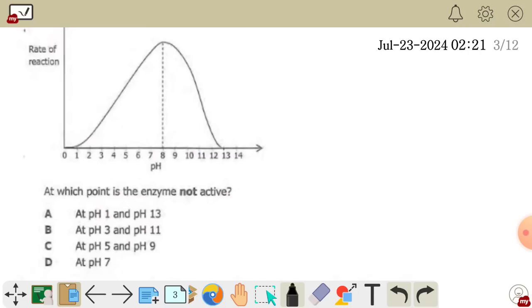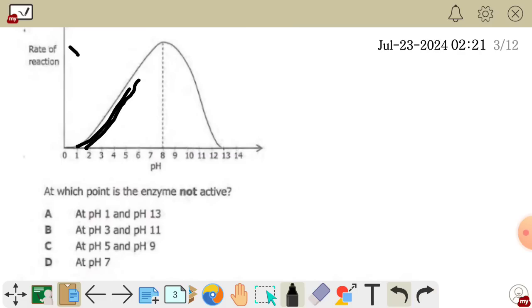You can see at the beginning of the curve, the rate of reaction is 0, between 0 and 1. Then at 1, it starts rising, meaning the reaction started and the enzyme is now active.